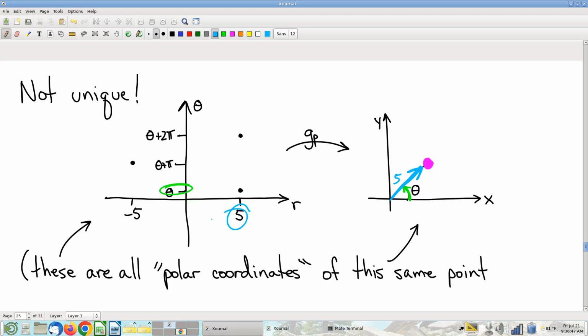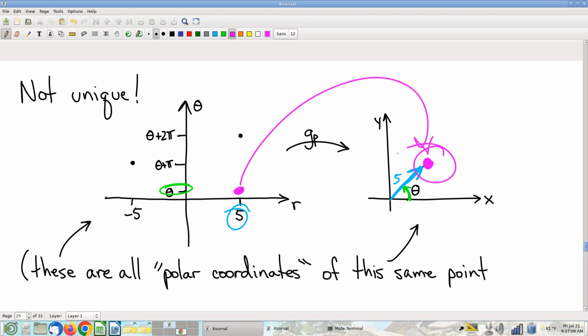Then the r coordinate there is 5. And this point in the r theta plane represents that point in the xy plane. Or said differently, r and theta here are the polar coordinates of this point.